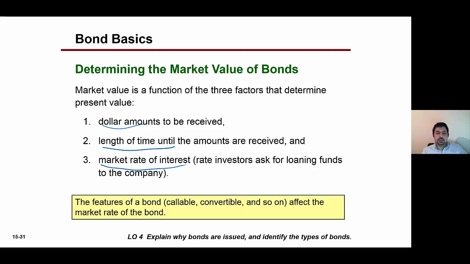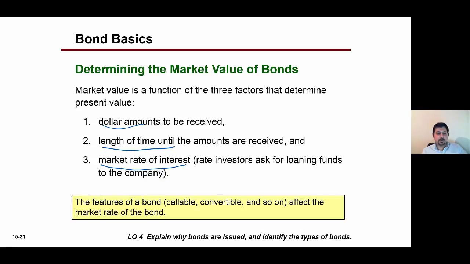So basically, this is the rate that investors are asking for in order to lend the company this money. So this is how much is expected in return of the money that will be borrowed by the company.